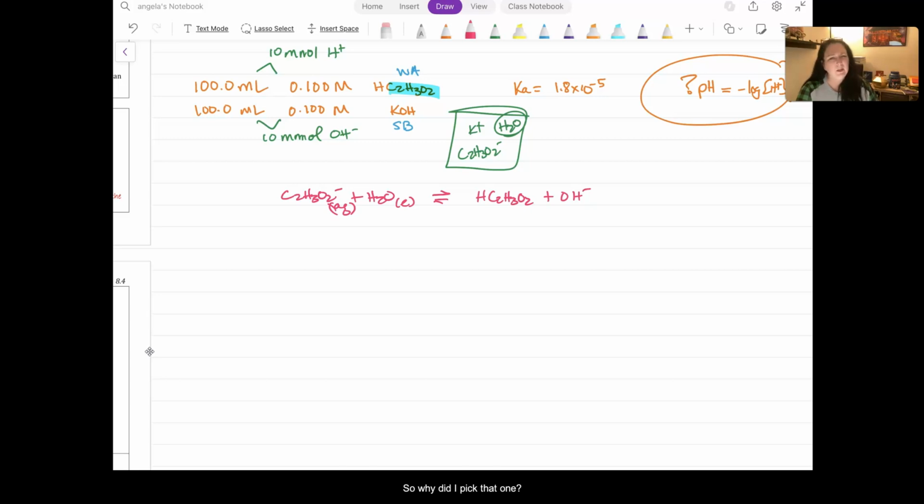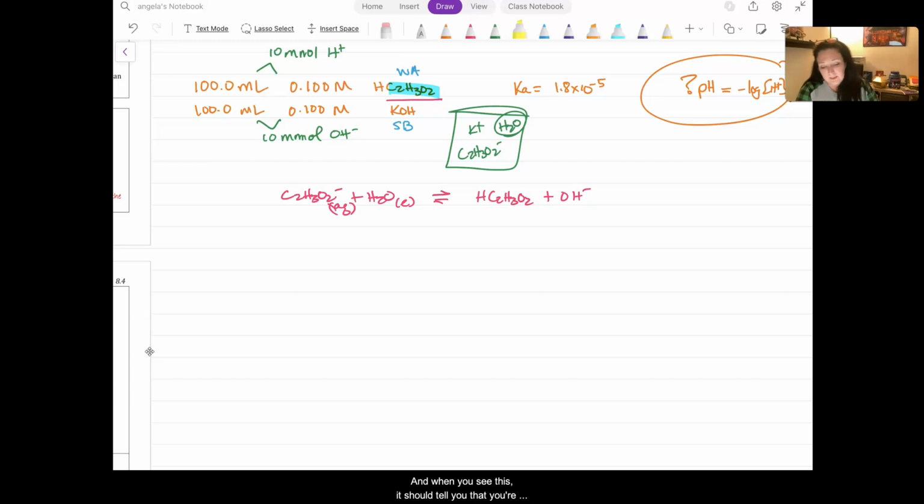So why did I pick that one again? Because he's strong. He's the one that's going to be floating around in the solution and actually doing stuff and reacting with the water. Is the K going to react with the OH minus? No, because KOH is a strong base and they're going to be ionized 100% and they're not going to come together and do anything. But the acetate is going to react with some of the H pluses from the water, and give us back some acetic acid and some OH minus floating around the solution.